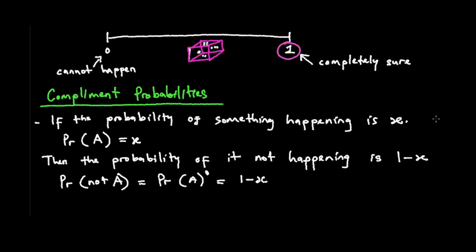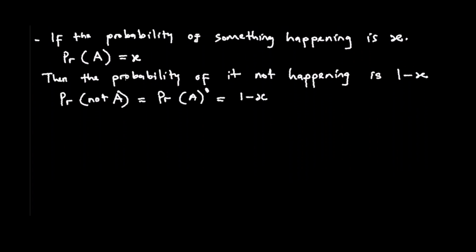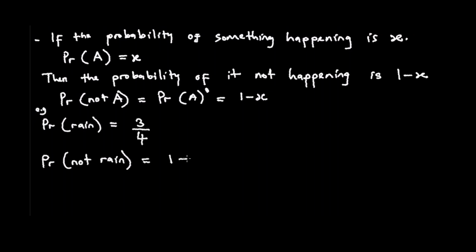I can give you an example from our examples yesterday. The probability of it to rain, we said it's equal to 3/4. So the probability of it not to rain is equal to 1 subtracting the probability of rain, that's 3/4.